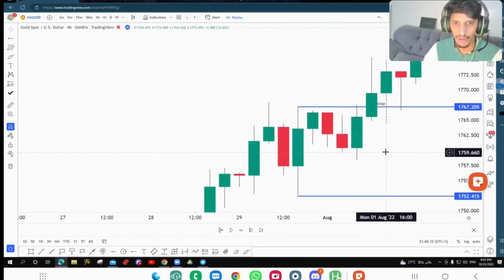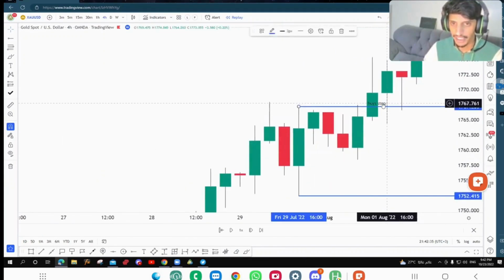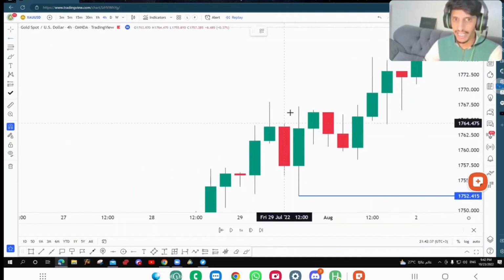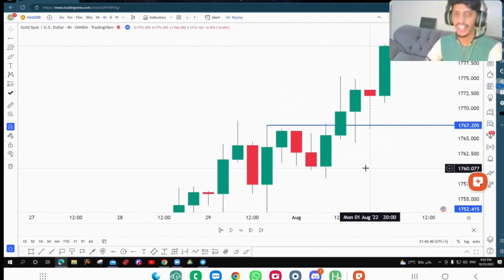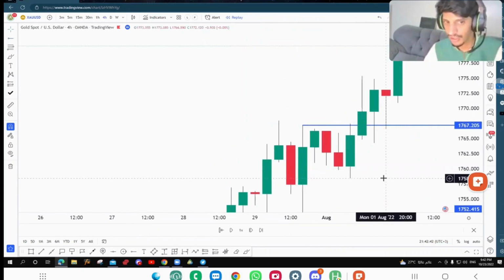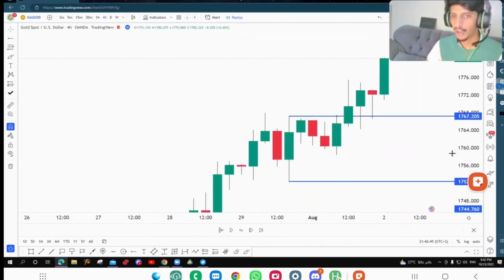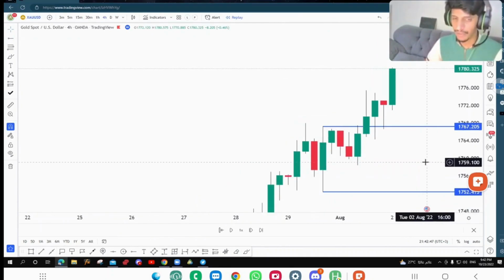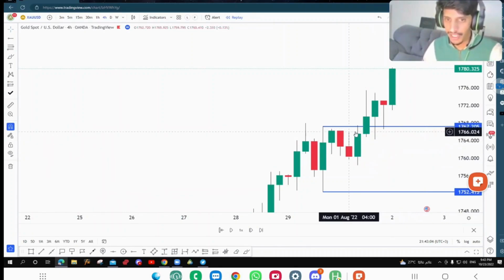Now the idea was on 4 hour, and the execution could be in any time frame, as long as you know that your trade is going to go up, but you know it will take time, you can still be in drawdown. There is no issue. But if you are in drawdown and your trade you are not sure about, this is the mistake.